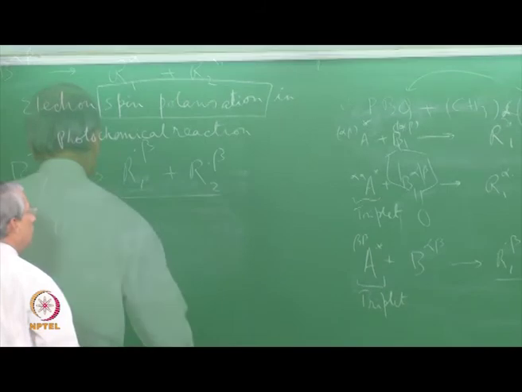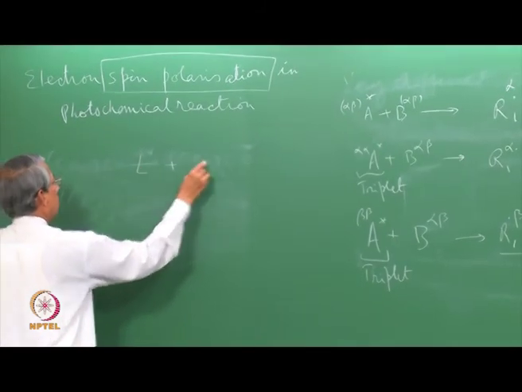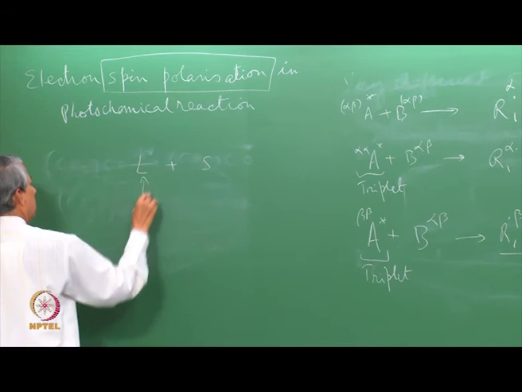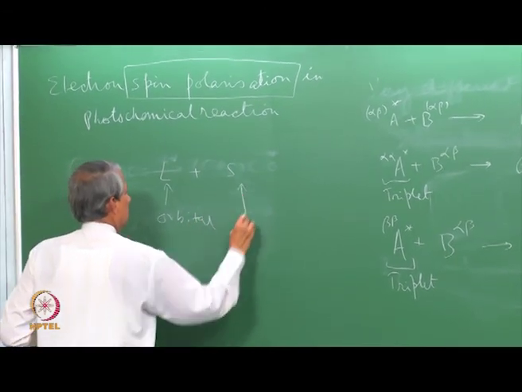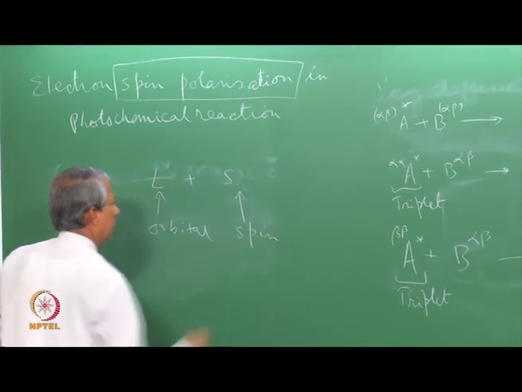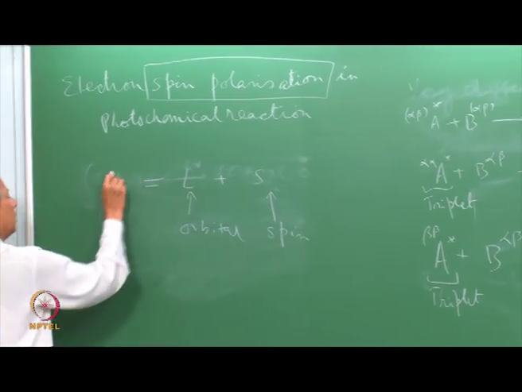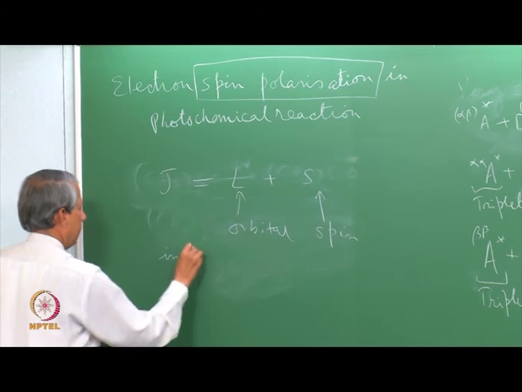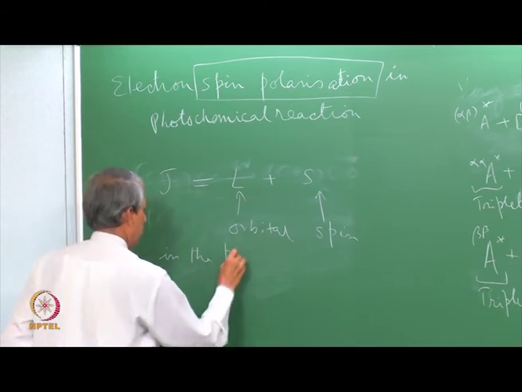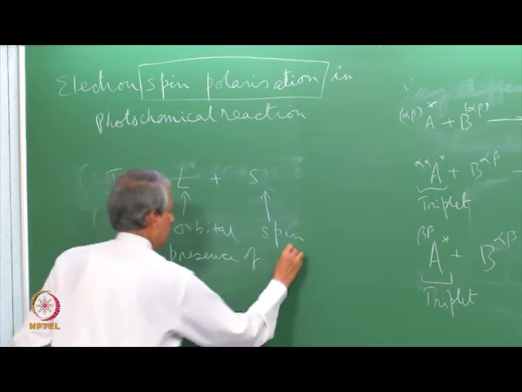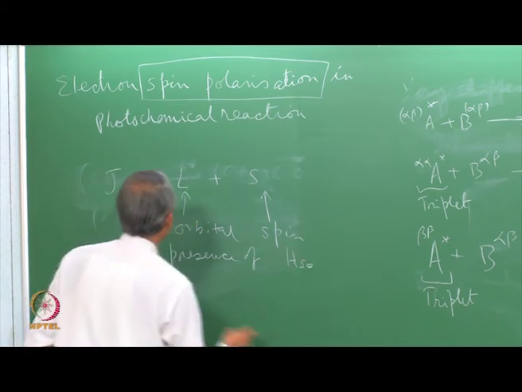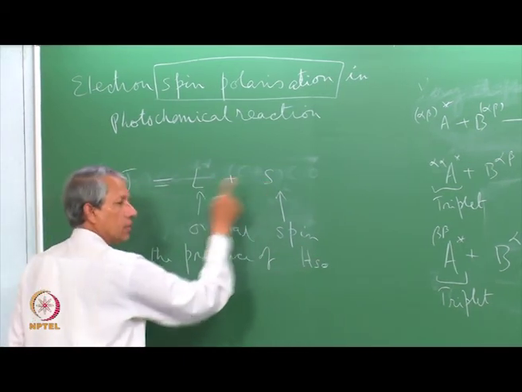So, we have, let us say, L and S. This is the orbital and this is the spin angular momentum, and together they give rise to J in the presence of HSO. So, this is conserved, not this and this individually.